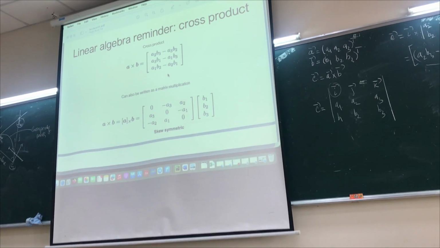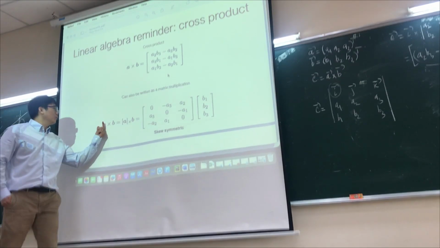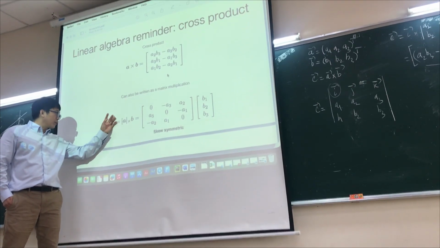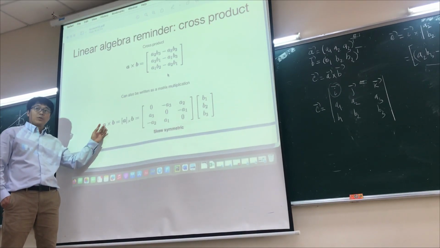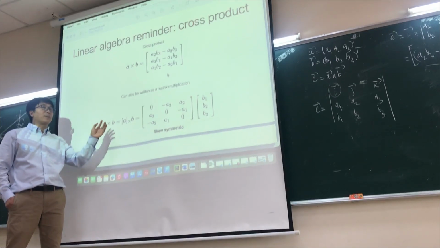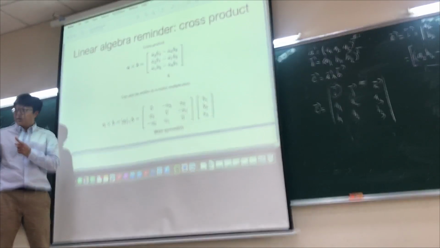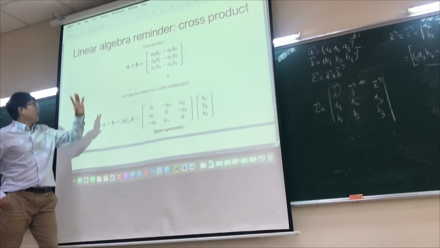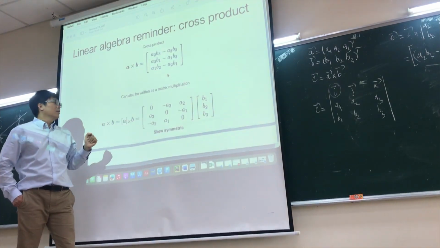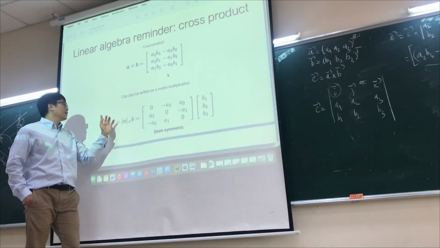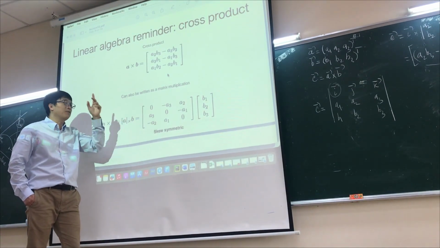Now look at the board. When talking about the cross product between two vectors, it is transformed into multiplication between a matrix and a vector. It becomes a linear transformation: it is equal to a matrix multiplied by a vector.